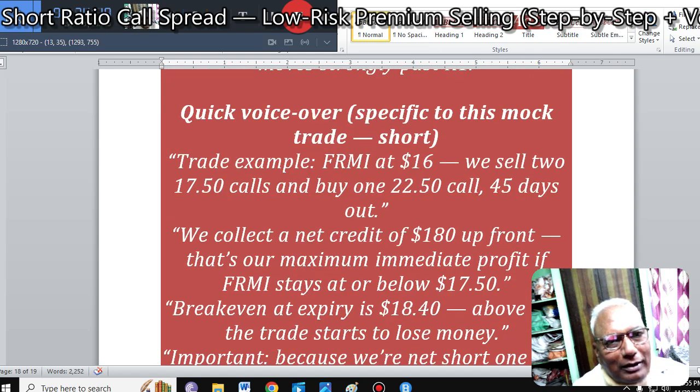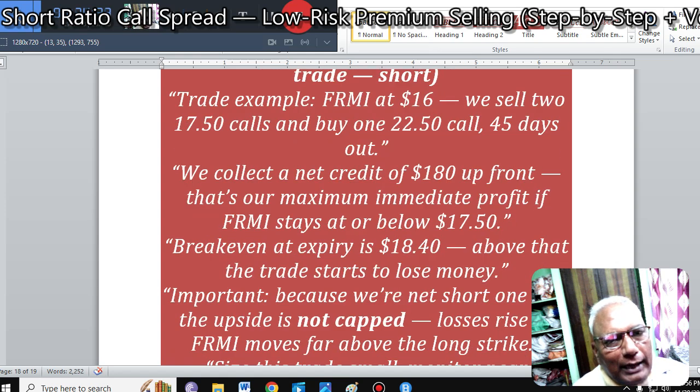Trade example. Short FRMI at $16: sell 2 of the 17.50 calls and buy 1 of the 22.50 calls, 45 days out. We collect a net credit of $180 upfront. That is our maximum immediate profit if FRMI stays at or below $17.50.